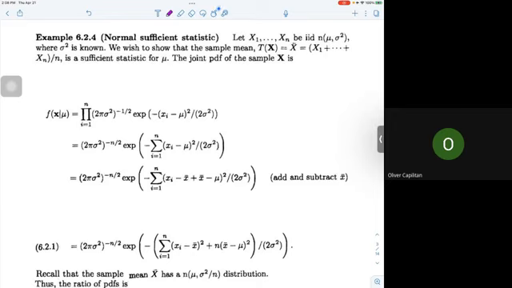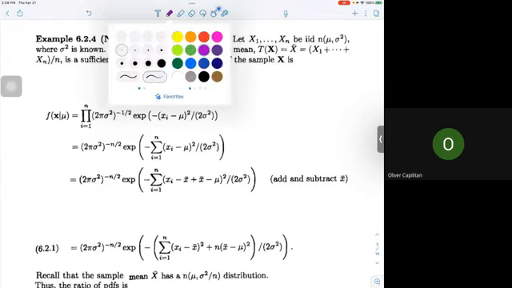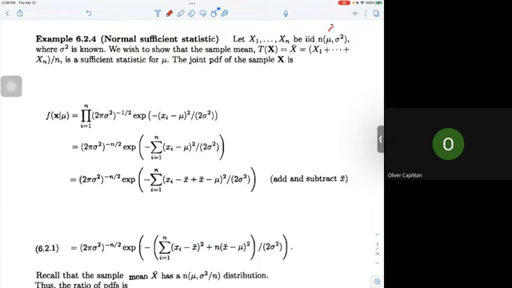So if sigma square is known, the unknown parameter here is the population mean mu. So in this case, our theta is actually the mean mu. That's our unknown parameter, theta, which is equal to mu.